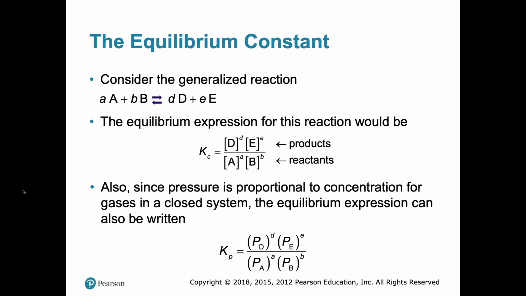And then little d is the coefficient for big D, and little e is the coefficient for big E. How's that actually a little bit different from the kinetics one?